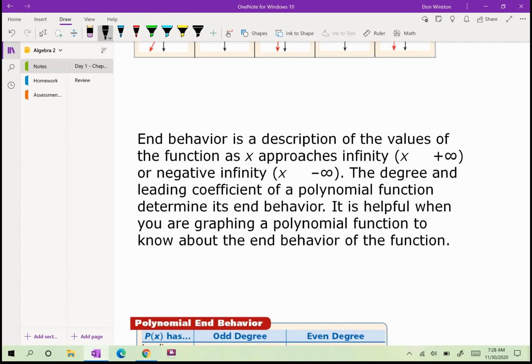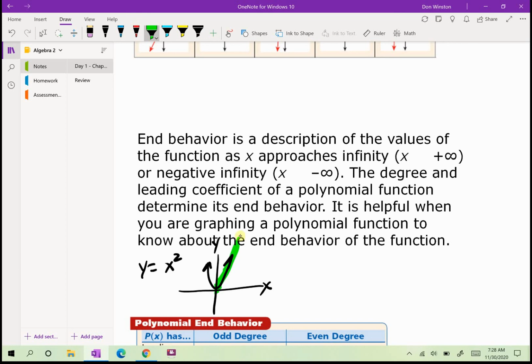Let's look at a quadratic that's a happy graph. So y is equal to x squared. Okay, that graph always looks like that. If I wrote this on a coordinate plane, the end behavior as x goes to positive infinity, y increases.